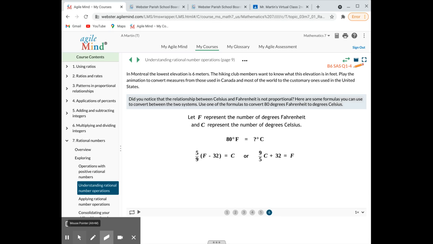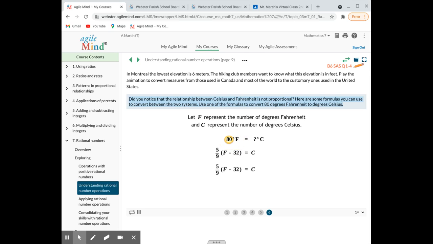Solving for C. Good. So they put 80 in for F, just like Isaiah said. 80 minus 32 is 48. And then they did 48 times 5 ninths. When they did 48 times 5 ninths, what did they get? 27 degrees. All right. So how do you do 48 times 5 ninths?